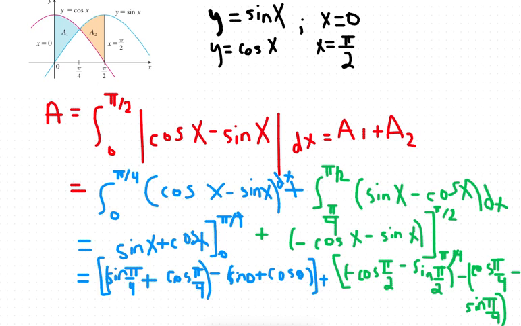So you're going to get, which is going to equal, 0 minus 1 minus negative 1 over root 2 minus 1 over root 2.